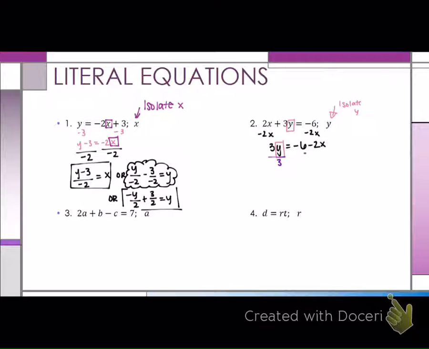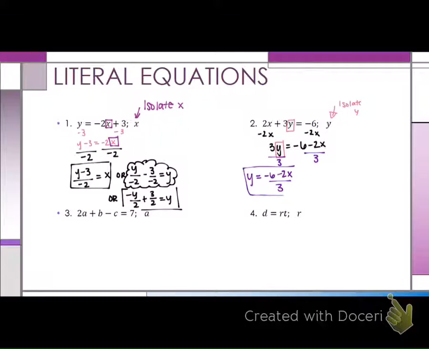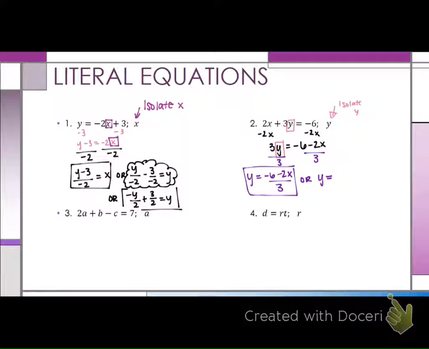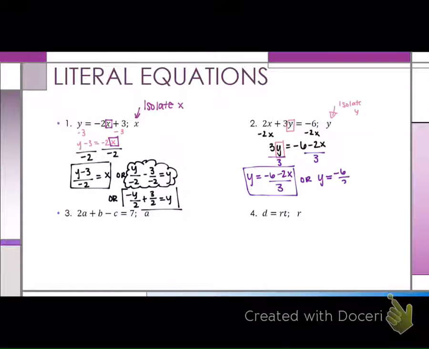Yeah, so there's a few different ways you can write this up. You can write it as y equals negative 6 minus 2x over 3. Or you could split it. What's negative 6 divided by 3?